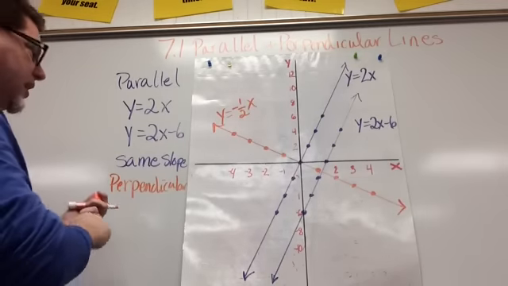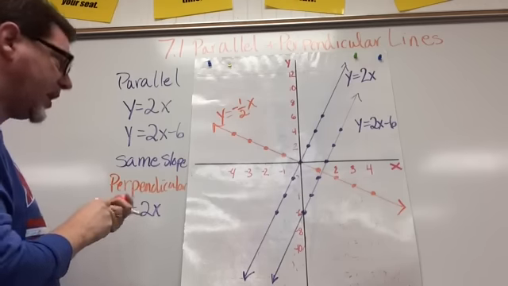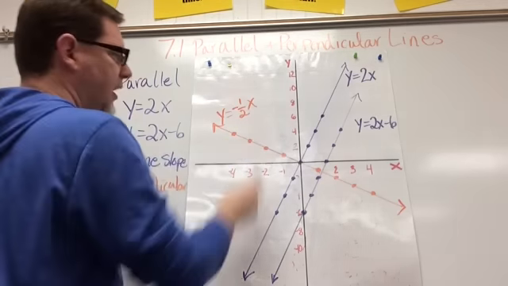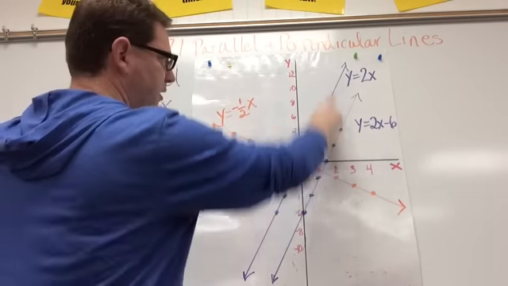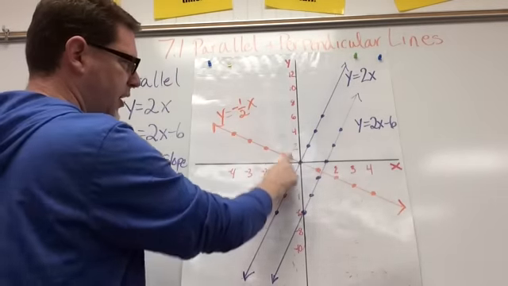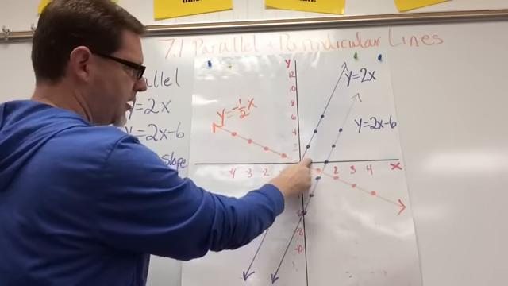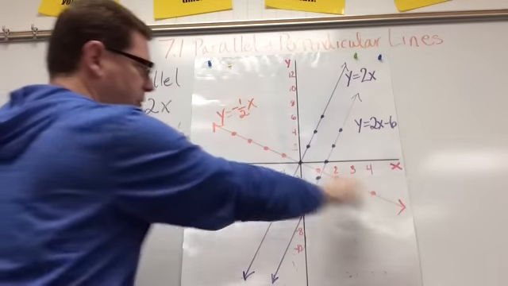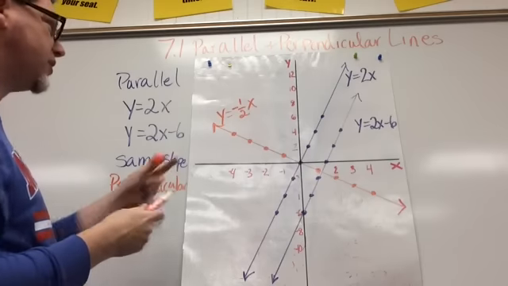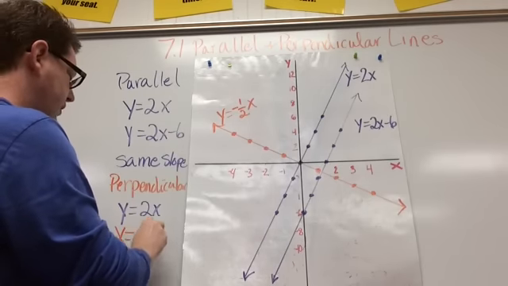The first line is again y equals 2x. And the line that's perpendicular to that, and just in case you forgot what perpendicular means, perpendicular means where they cross and form right angles. Okay? So you can see that this is a right angle, that's a right angle, here's a right angle, and here's a right angle, where the orange line and that purple line cross. So the equation for the purple line is y equals negative 1/2 x.